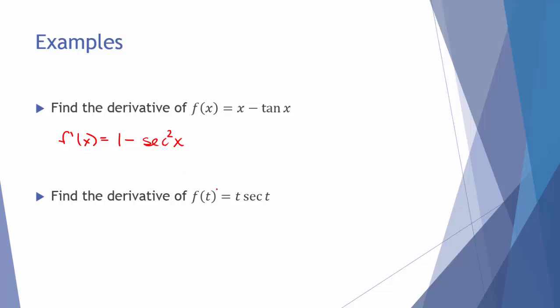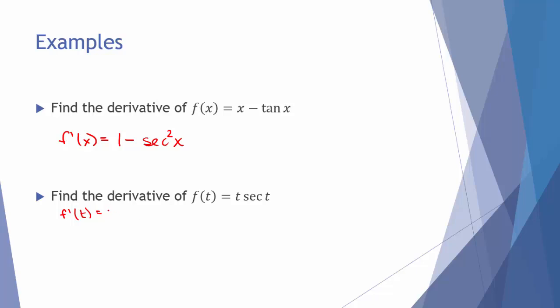Find the derivative of f of t equals t times secant t. So we've switched the variable, but it doesn't switch the rule. What operation is going on between the t and the secant t? It's a product. So when we go to take the derivative, f prime of t or df dt, what we need to use is product rule.